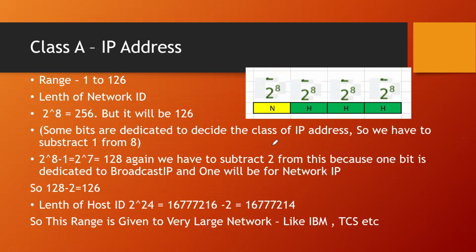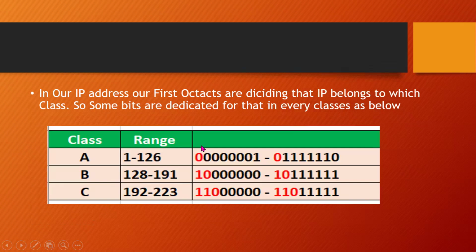I have written below: for class A the range is 1 to 126, but the first bit is dedicated for class A. Like that, in class B it is 10, so 2 bits are dedicated. In class C, it is 110, so 3 bits are dedicated.